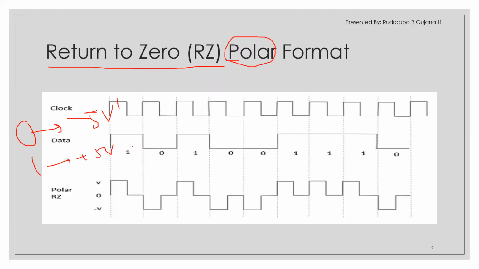But now the return condition applies to both. During the first half bit period the voltage remains at minus 5 volt, and during the rest of the period it returns to 0, even for bit 0. For logic 1, it will be at plus 5 volt for the half bit duration and 0 for the next half bit period.